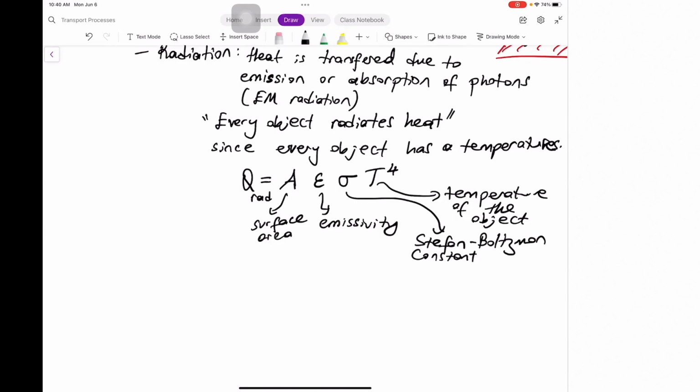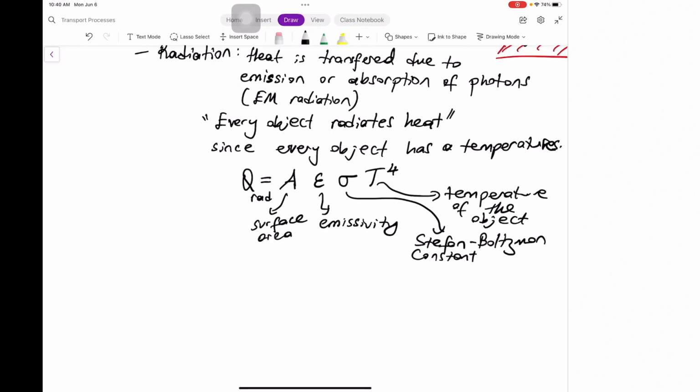For example, if you heat a metal bar, you're going to see that it goes red, right? It's going to radiate some heat. You're going to see it shining. And the reason why we can see the sunlight is because it has an enormous temperature, and this radiation is due to the sun's temperature.